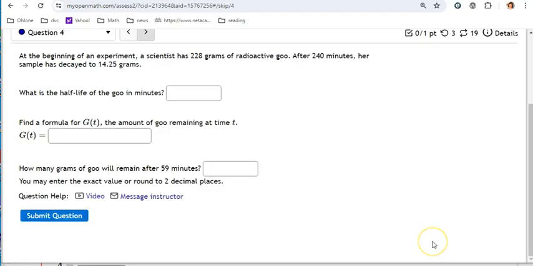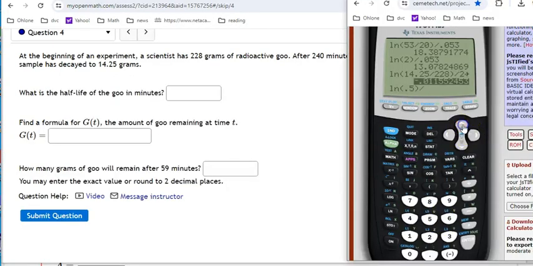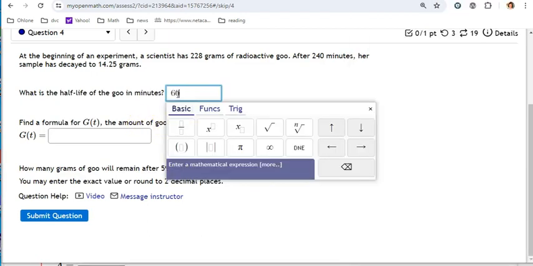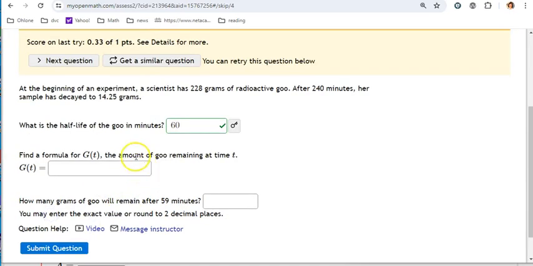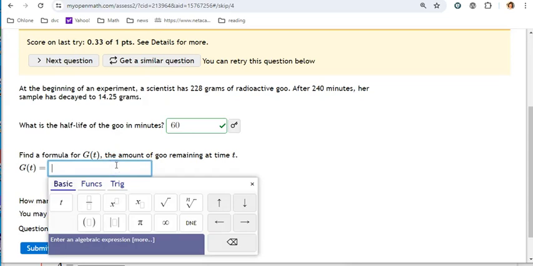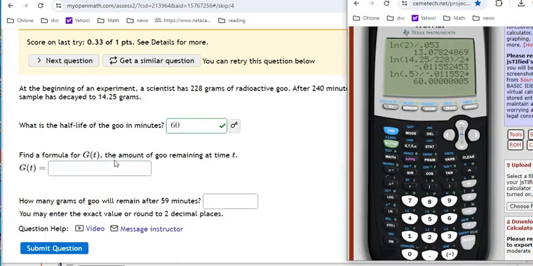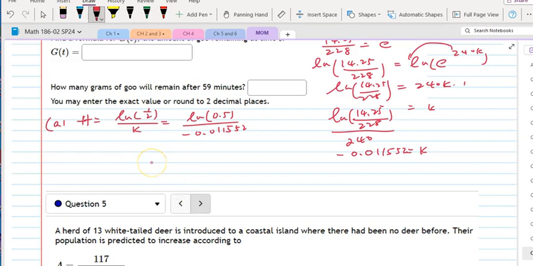The one that we have in the calculator, just this one. Okay, divided by this. 60. This is the half-life.